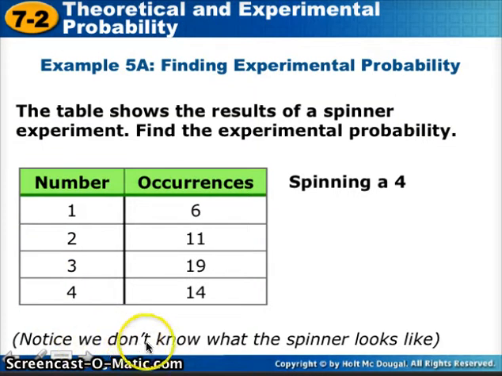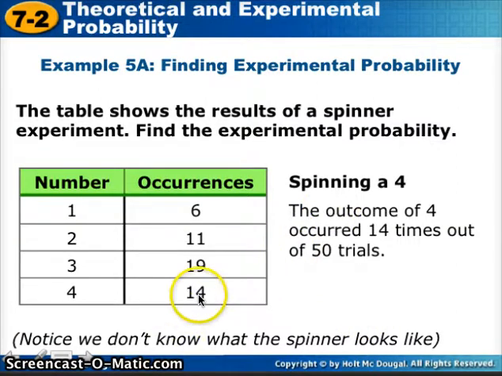But since we can't look at it, we can only look at the outcomes that are happening. And each of these events is an experiment. So that's the difference between experimental probability versus the theoretical probability.